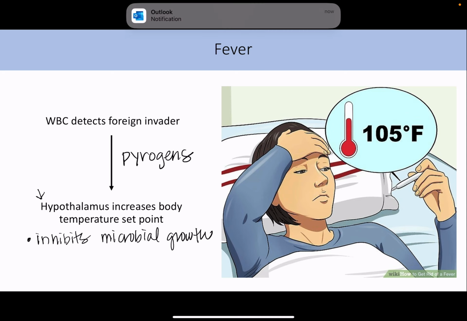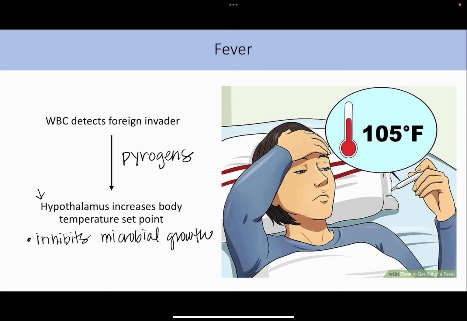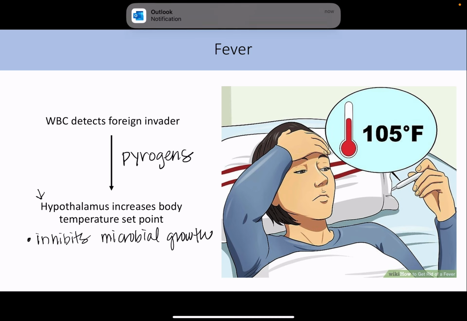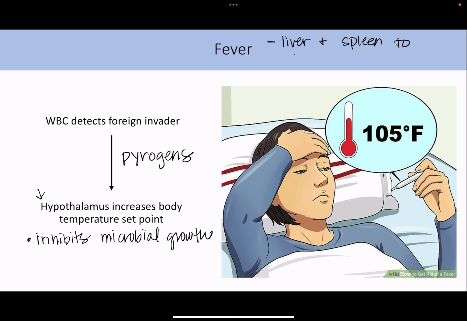What the pyrogens, or fever in general, are also going to cause is that this increase in temperature causes the liver and spleen to sequester, or hold onto, iron and zinc. Iron and zinc are highly involved in many different immune processes. So it tells them, hey, save as much iron and zinc as you can so that we can help get rid of this infection.